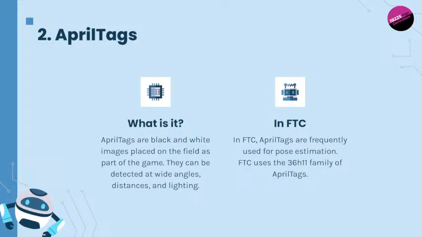TensorFlow, for example, is impacted by lighting. If it's really dark and there are a lot of shadows, that might affect how the model sees it. But AprilTags are a lot more consistent. In FTC, AprilTags are often used for pose estimation, which is where your robot is relative to other things.